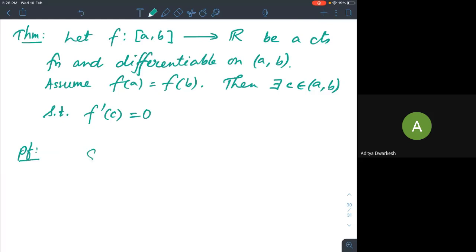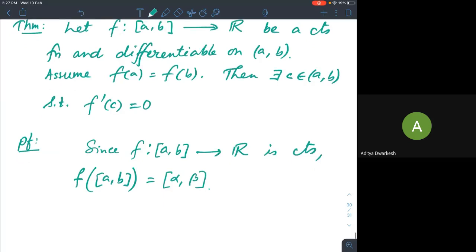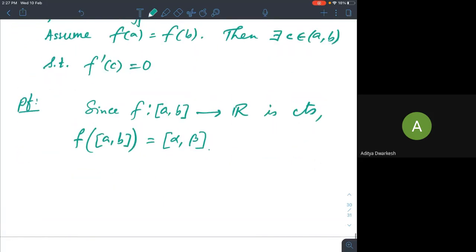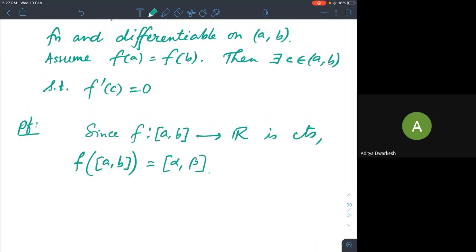Since f from [a,b] to R is continuous, the image will again be an interval, let's say [alpha, beta], right? Now the point is, we have f(a) equal to f(b).